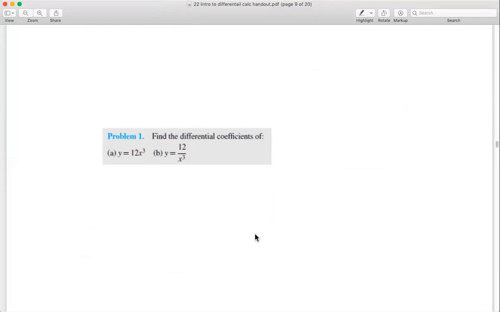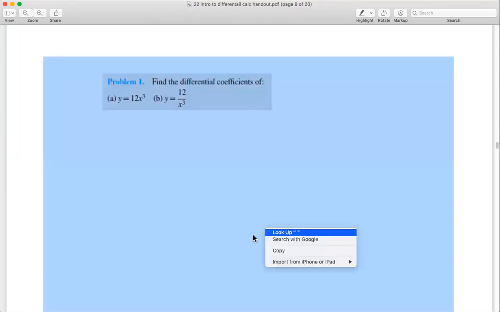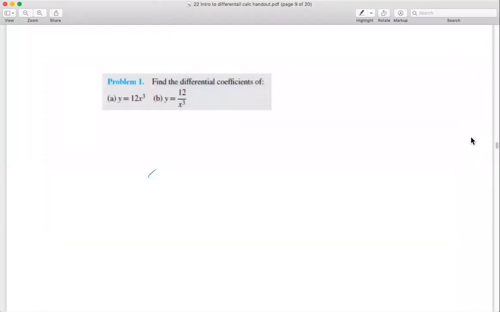Find the differential coefficient of y equals 12x to the 3. Could you use the first one in the table? Yes, we've got a x to the n as the type of function.